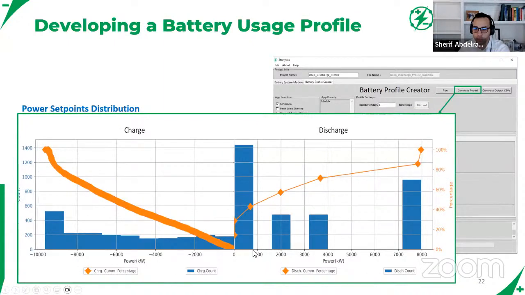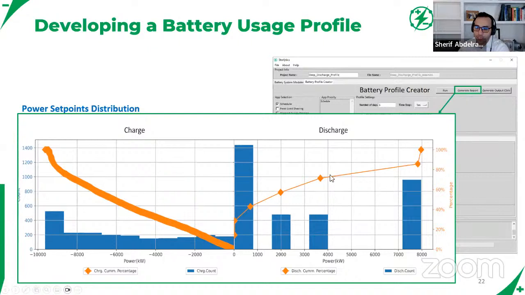This first one is for power set points. What it's basically doing is looking at all discharge power set points and putting them into buckets. So in blue here is the histogram, and in orange, this is the cumulative distribution function.